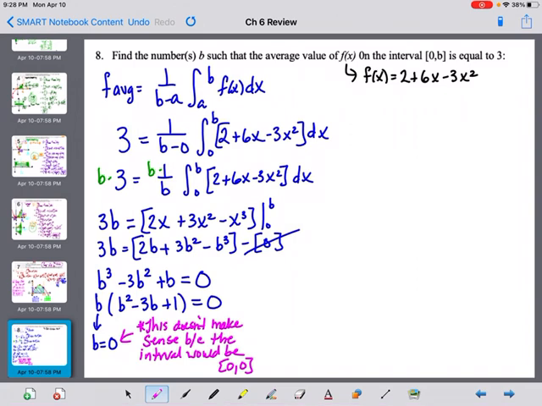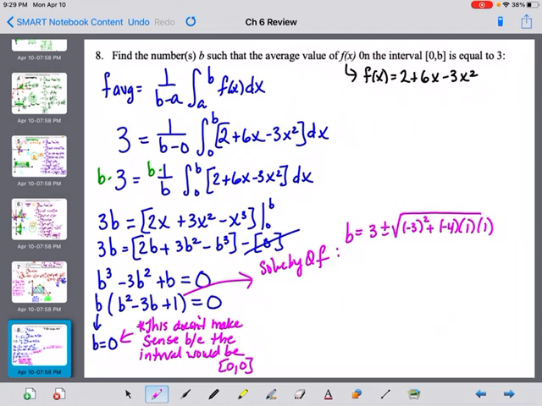Now, the other answers we're going to get from that b squared minus 3b plus 1, which is not factorable. So here we will have to solve by the quadratic formula. If we do that, then our b values are going to be equal to the opposite of negative 3, which is 3, plus or minus the square root of negative 3 squared plus negative 4 times 1 times 1, all over 2 times 1.